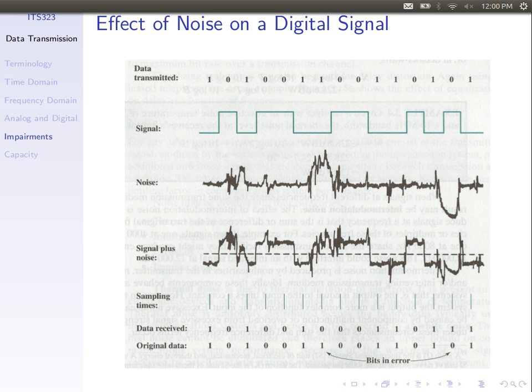-0.1 received. -0.1 is closer to -1 than +1. That is, it's within this range, between -1 and 0. It's negative. Therefore the receiver assumes, okay, it must have been a bit 1 transmitted. There's our bit error. Similar if it was -0.7 or even -1.